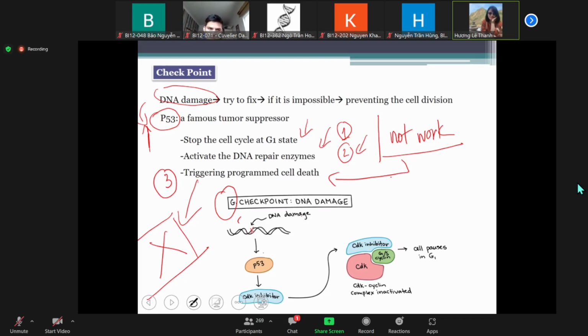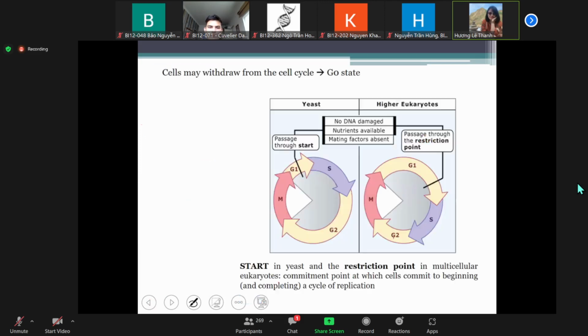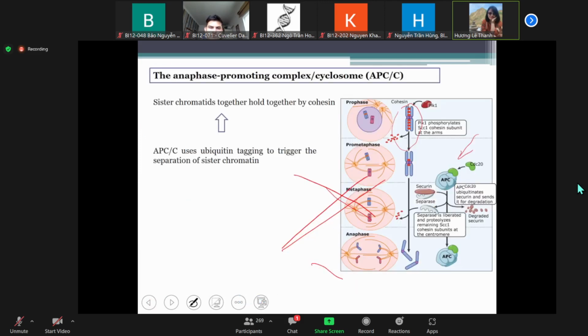And you can see here the P53 activates the CDK inhibitor. The CDK inhibitor will come to inhibit this complex, and the cell will pause. I will take a look back. So look back here.